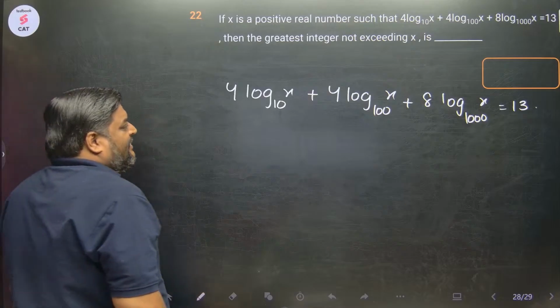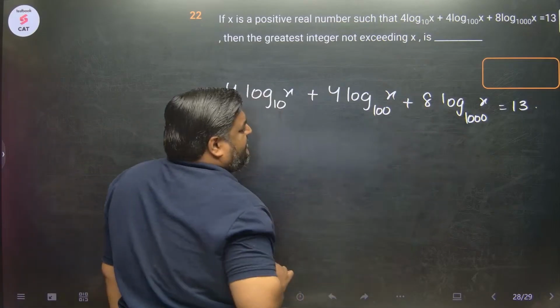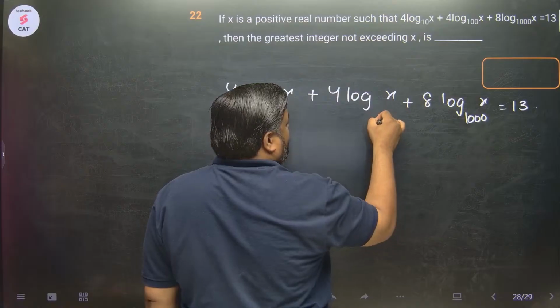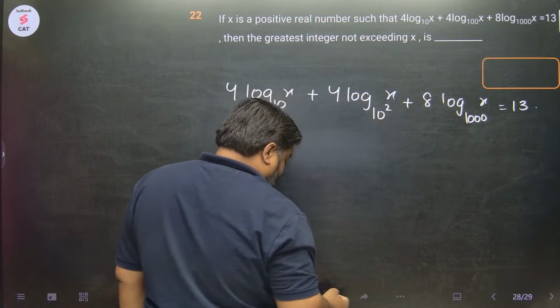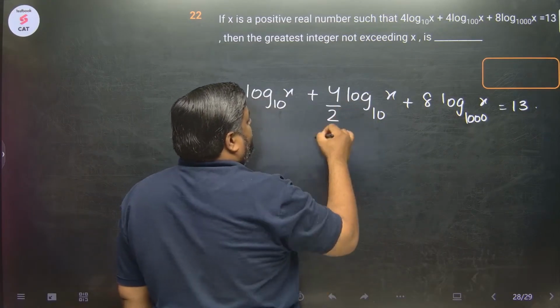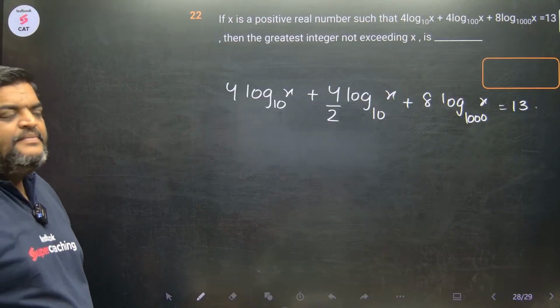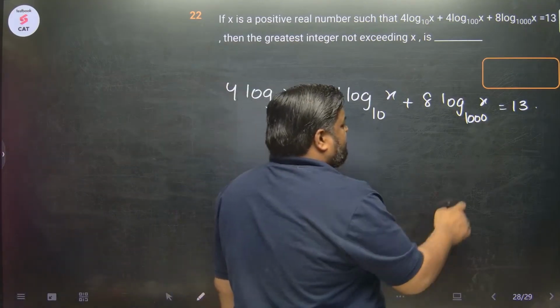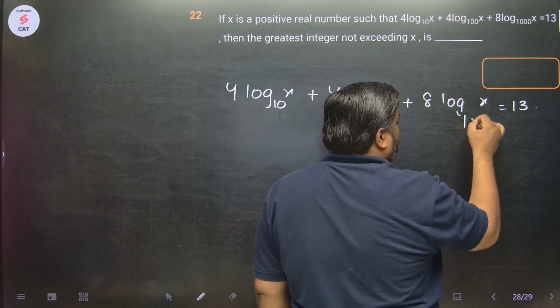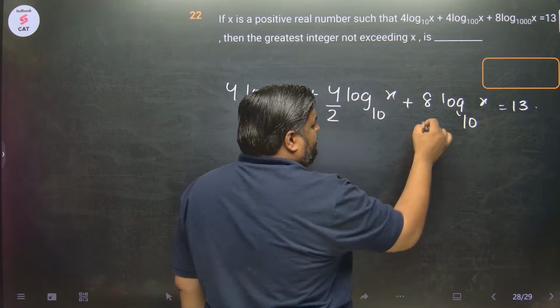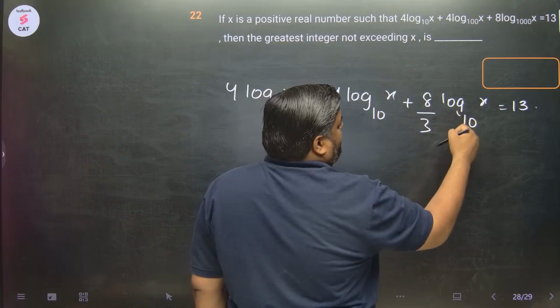We can make the base the same, right? So this 100 can be written as 10 square, and this square can be brought in front, divided by 2. Similarly, this 1000 can be written as 10 cube, and this cube can be brought in front. Yes or no?